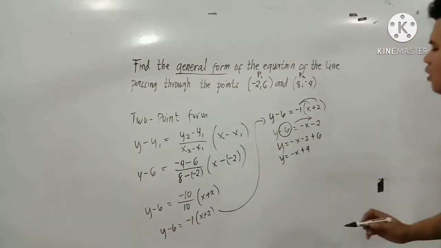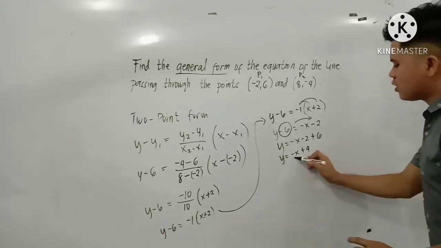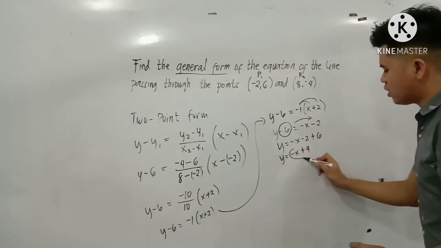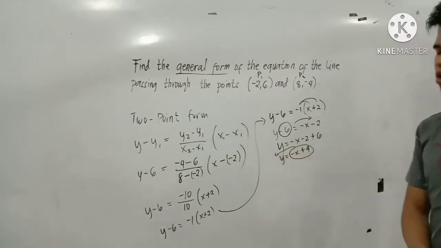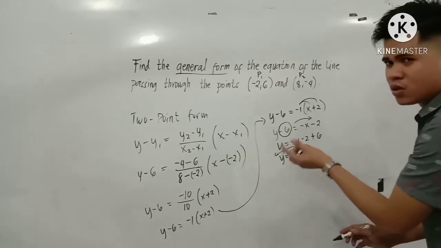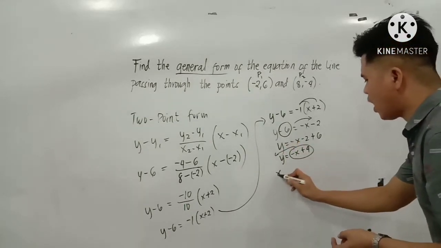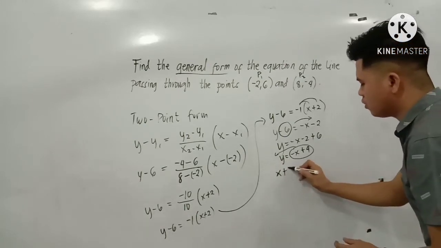Then now, we have to transpose again all the terms on the right side to the left side. This one, negative x, if we transpose, becomes positive x. Then, we follow it by y.